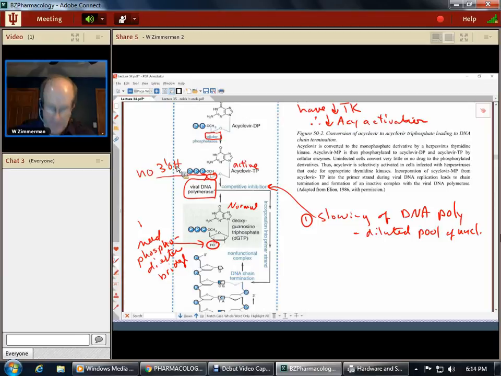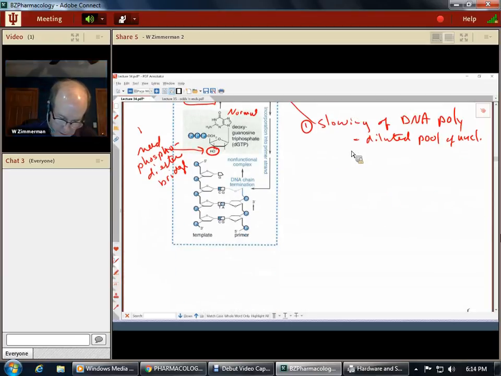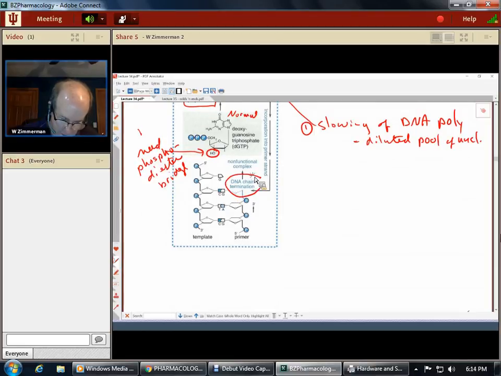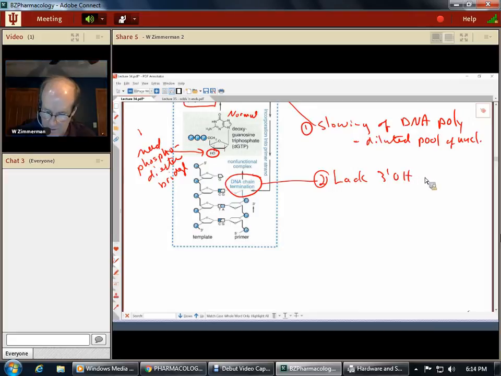So because of that, when the acyclovir triphosphate gets incorporated, it's going to lead to DNA chain termination. So point number 2 is lack of a 3' hydroxyl leads to chain termination. There's not going to be a phosphodiester bridge to connect things.